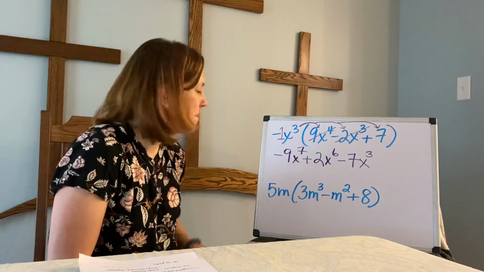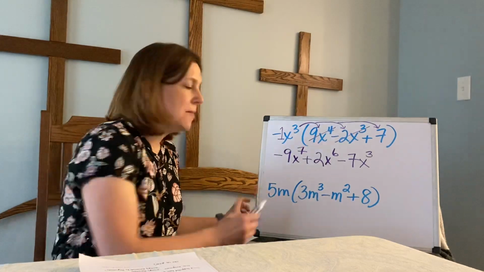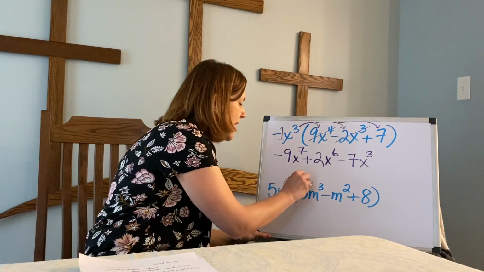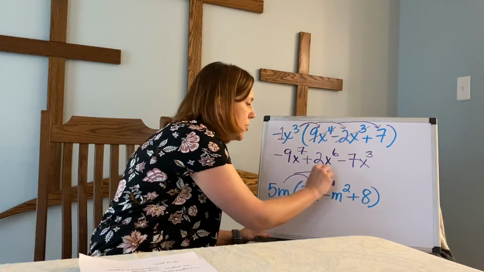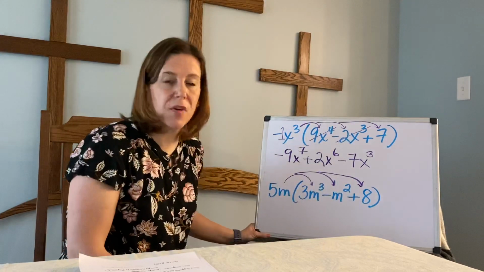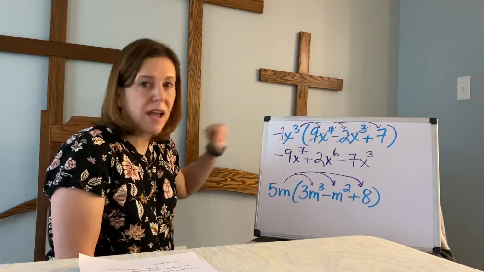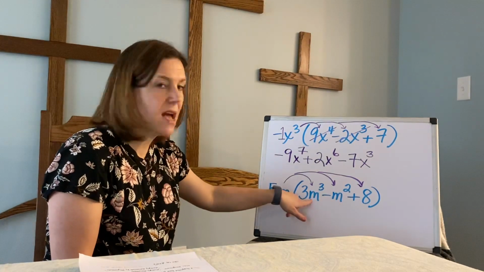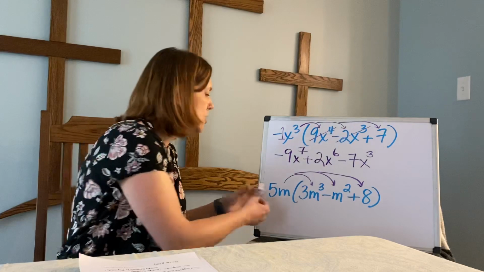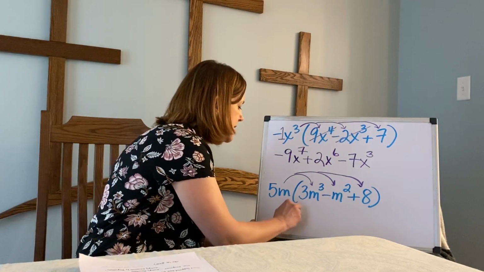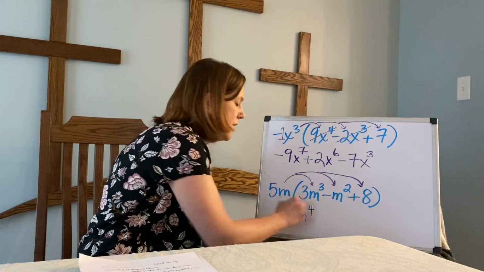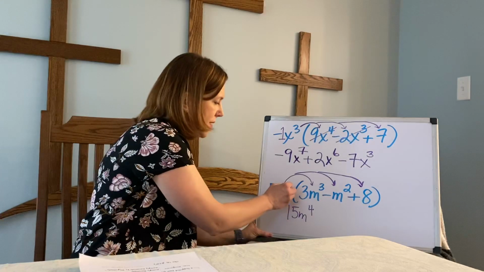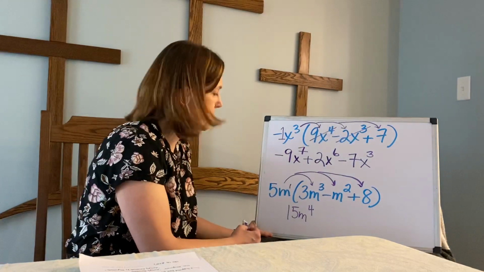Okay, here we are. I'm going to go ahead and distribute this 5m by all 3 terms inside my parentheses. Doing it the same way I did this first one, I'm going to do my numbers first and then my m's using my power rules. So when I do that, I'm going to get 15m to the 4th as my first term, remembering that that m has a power of 1.